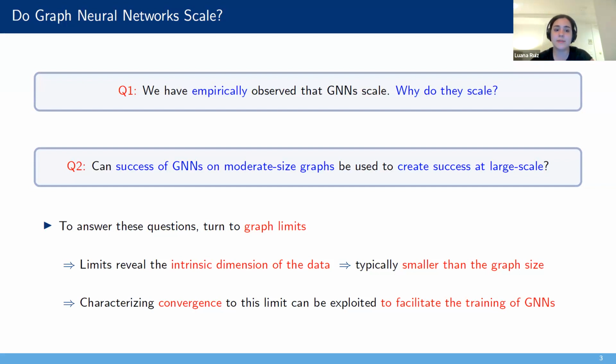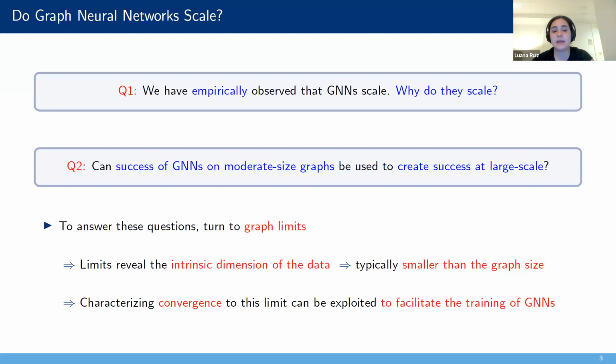And to answer both of these questions, I think it's worth turning to graph limits. And why graph limits? Well, because first of all, we're talking about large graphs, right? Large graphs are close to graph limits, but perhaps more formally, limits reveal the intrinsic dimensionality of the data. And this is interesting because the intrinsic dimension of the data is typically smaller than the large graph size.